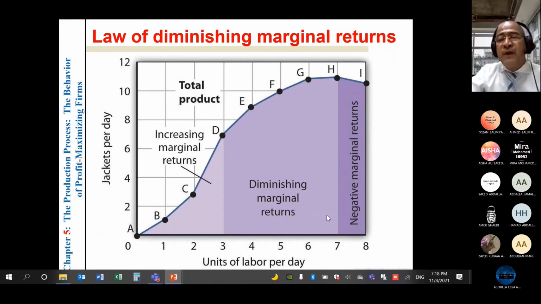After this point, if he insists on adding more units of labor, total product may decrease, causing marginal product to take a negative value. Why? Because of an inappropriate balance between labor and capital. So now we have too many labor units with limited capital.